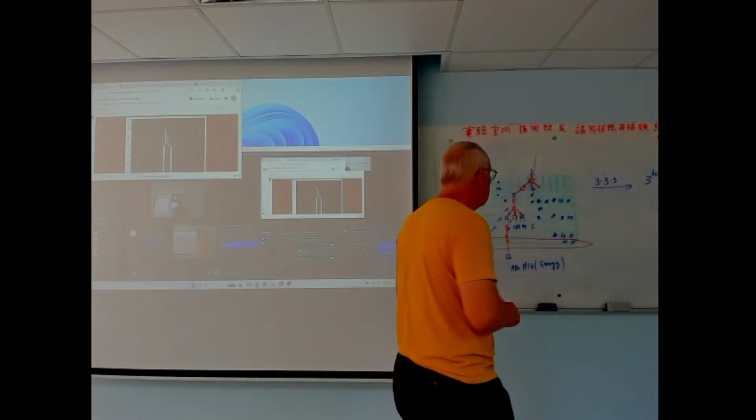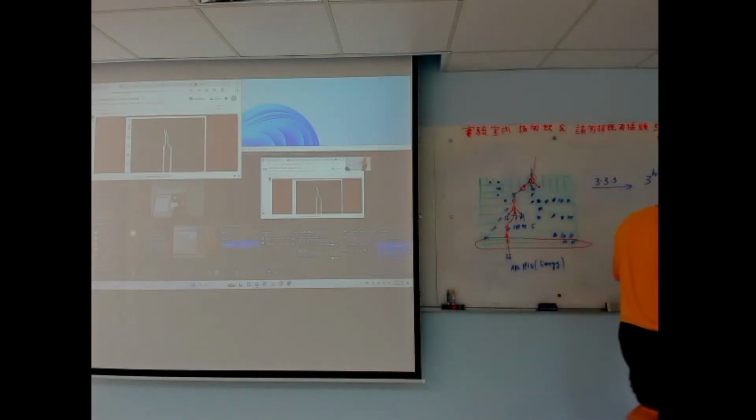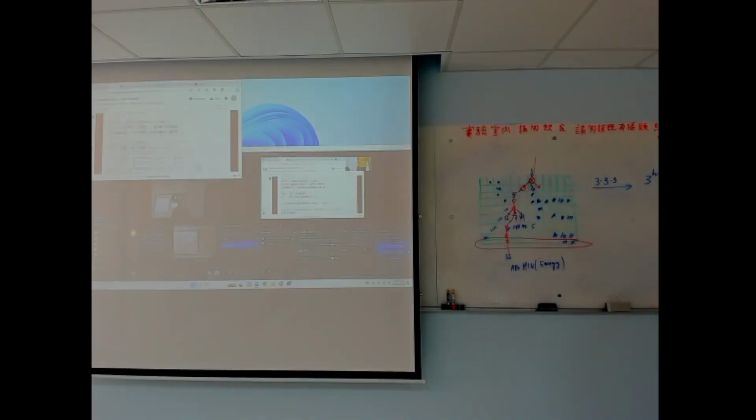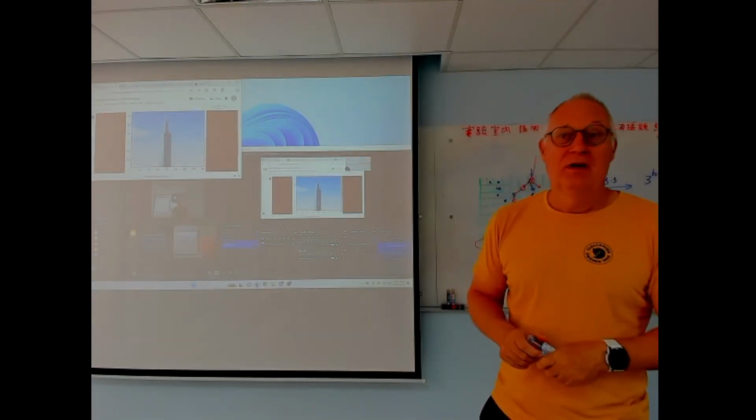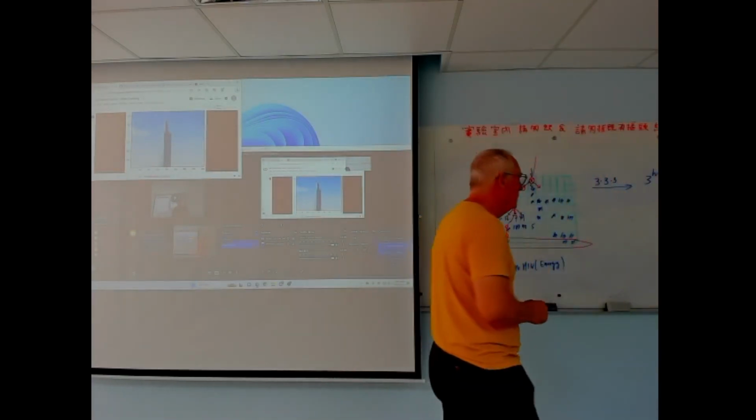So our problem is, I now have a picture, a tiny picture, right? The picture is very small. It's not a very high resolution picture. But it has about 200 rows.